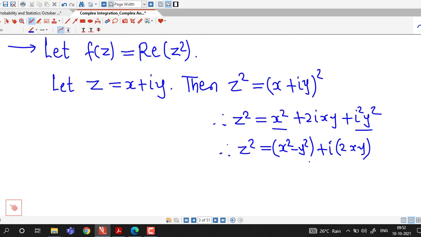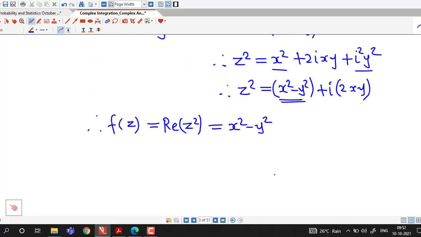We are interested in the real part of z square. So f of z equals the real part of z square, which is x square minus y square. So our function is x square minus y square. Therefore f of z is x square minus y square.